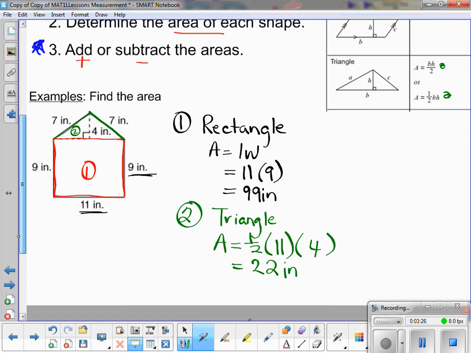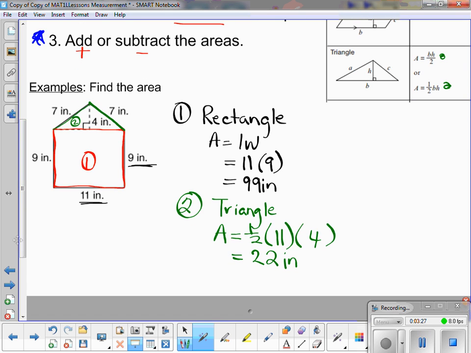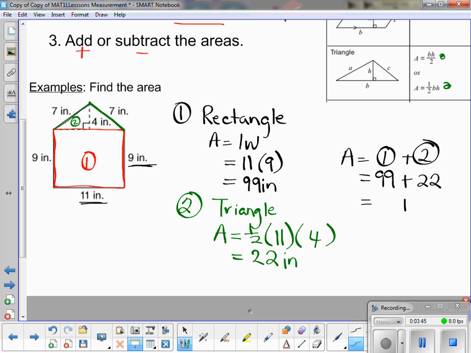Well, this one, it looks like I'm supposed to add them all. So I'm going to put to the side area equals number 1 plus number 2. Number 1 was 99 and number 2 was 22. Again, I either take my calculator or do it in my head, and we get 121, and it is inches, and it's squared.